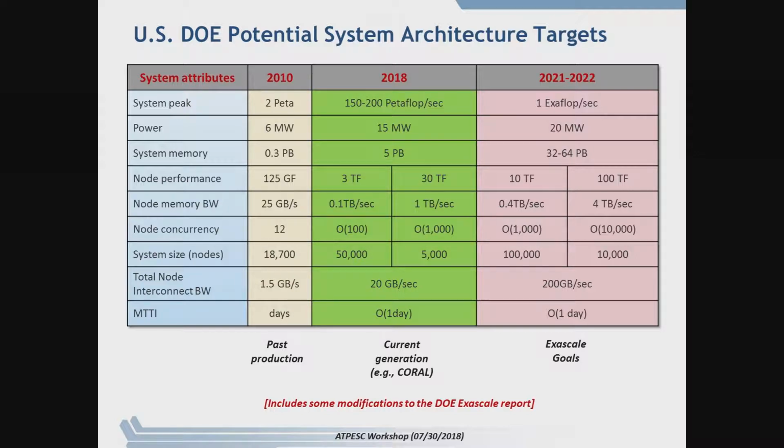And then out in the exascale time frame, so 2021, which is when we're expecting to see exascale machines start to get deployed in the U.S., we can project out and think about where things are going and, specifically in this talk, how that affects the interconnect technology.